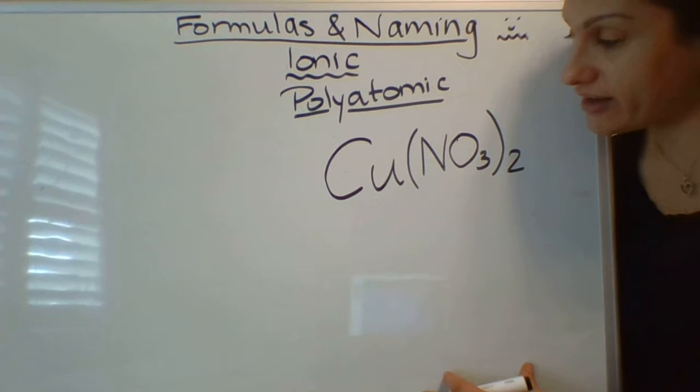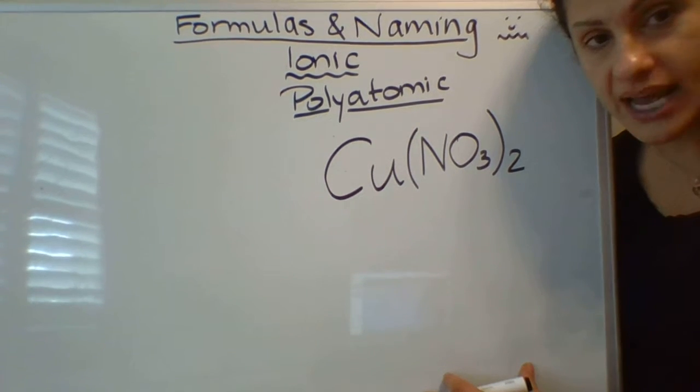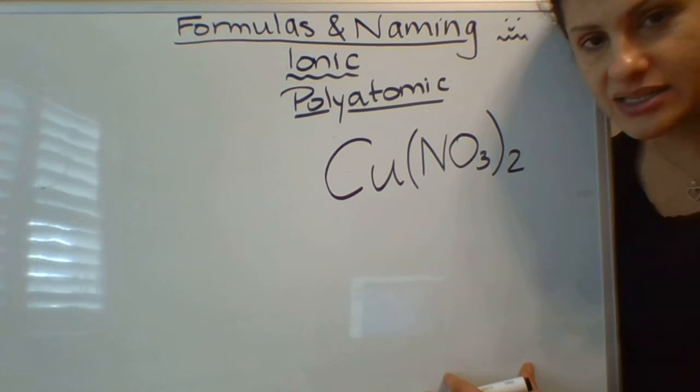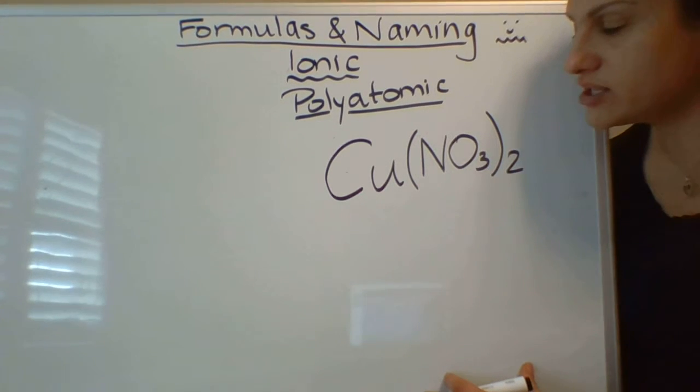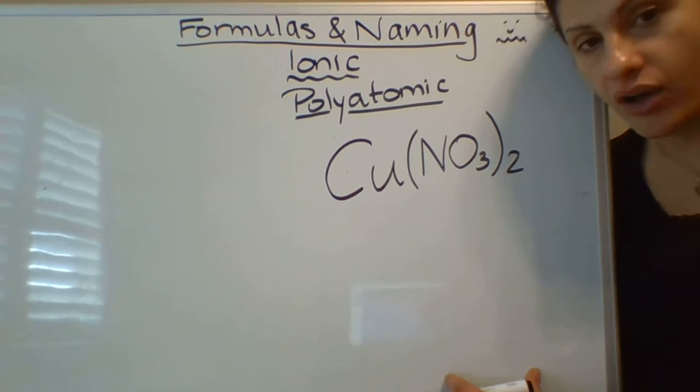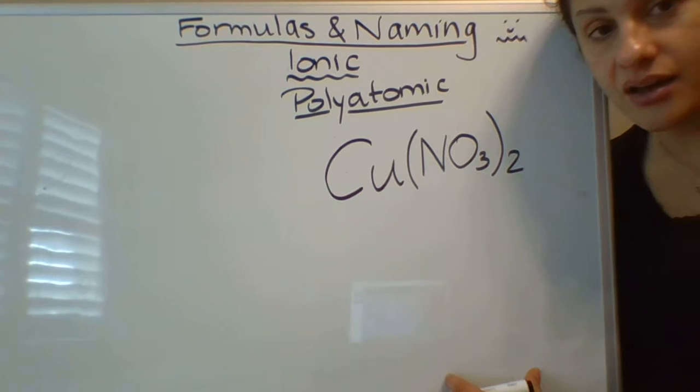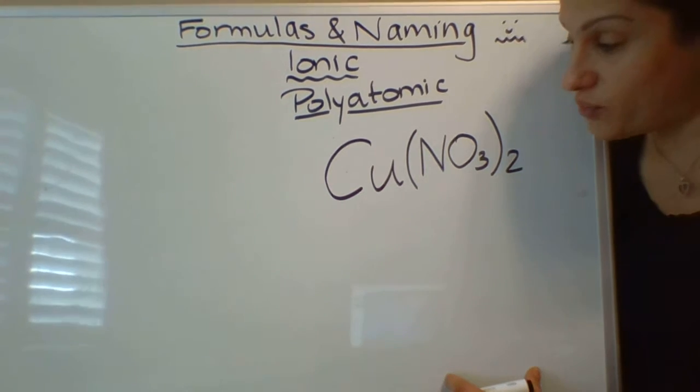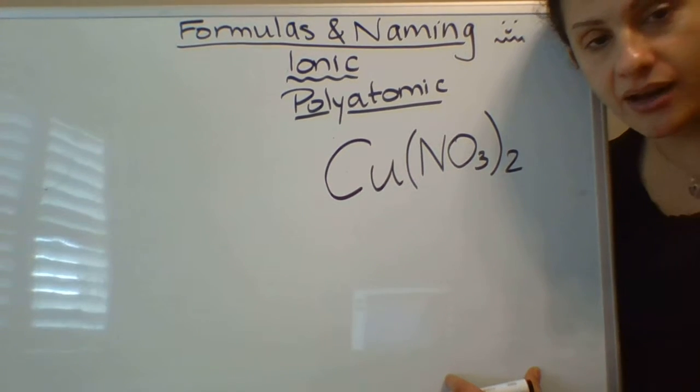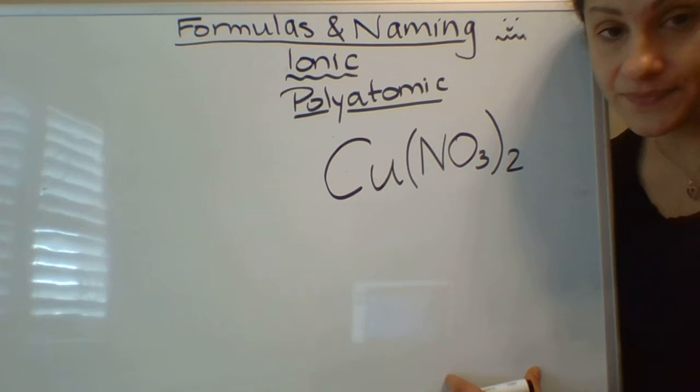So look at this carefully. Pause the video now, give yourself a few minutes, try to figure out if you can determine what you would call this ionic compound. And then if you write it down, turn the video back on and see if you're right. Okay?